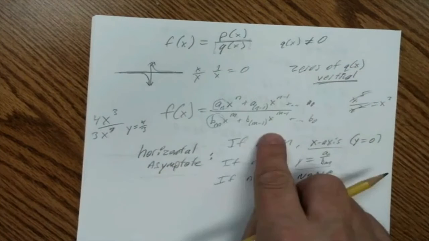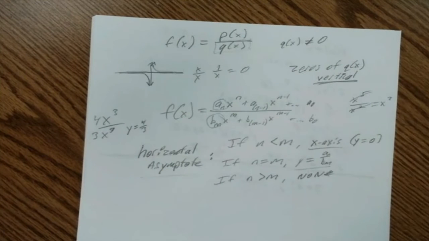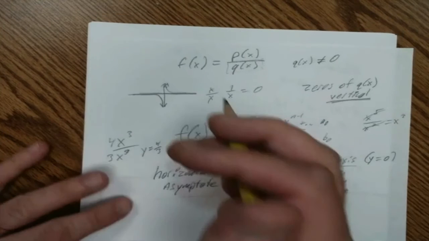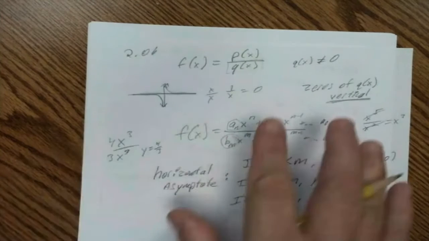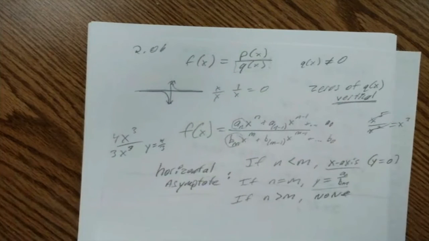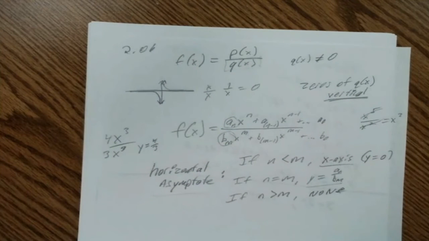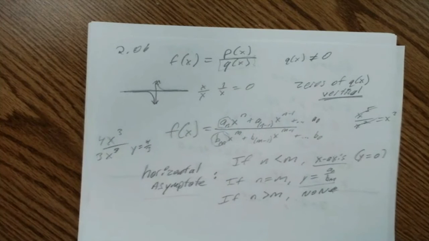The horizontal asymptote has these three cases. So that's a pretty cool trick from there. And that is what 2.06 goes over. So when you go through that lesson, this may help you understand what it's telling us. The 2.06 talks about discovering the asymptotes based on the algebra right there.